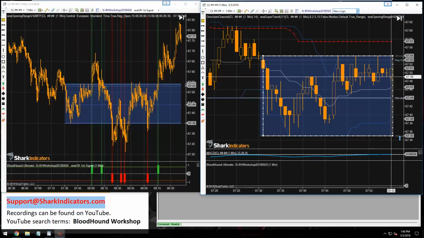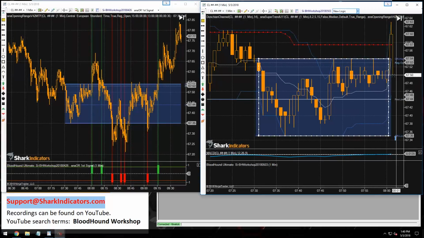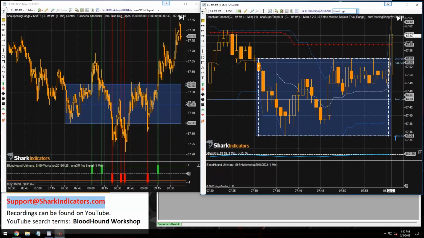All right, yeah, that's the 8 o'clock bar. And the next bar. Yeah, look at that. The very first bar after the opening range, boom, did the breakout.